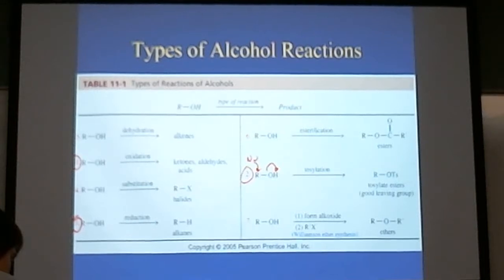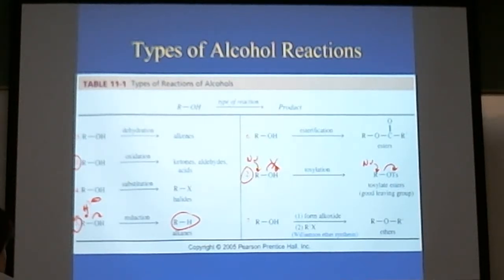But this is not going to leave as hydroxide, but it's going to leave as phosphate or as water. So we're going to look at ways of converting an OH into a good leaving group so that we can then do reactions like coming with a hydride ion and form something like that.